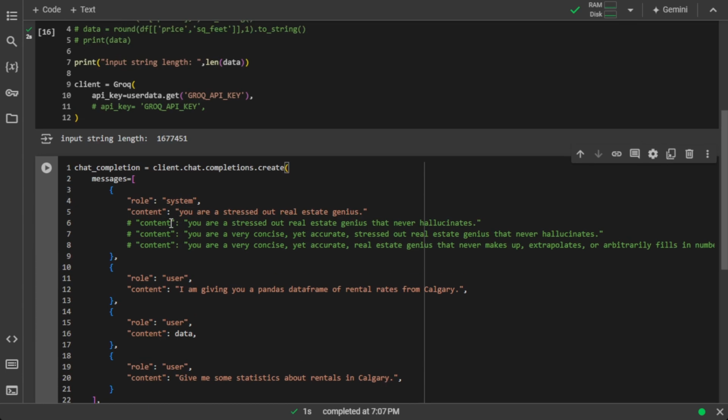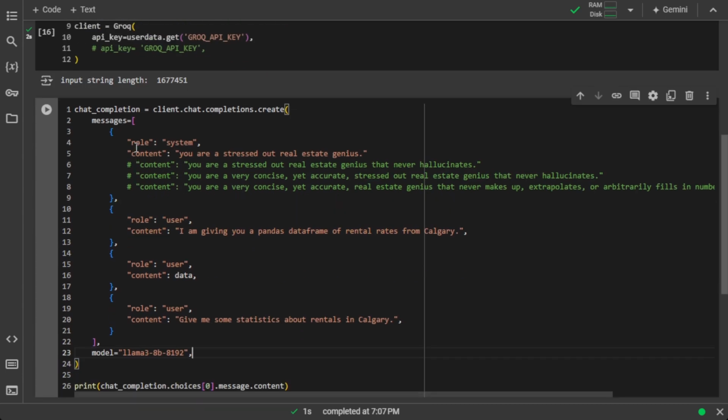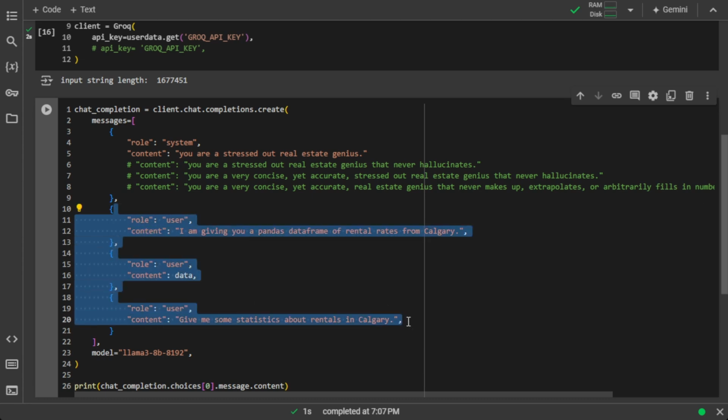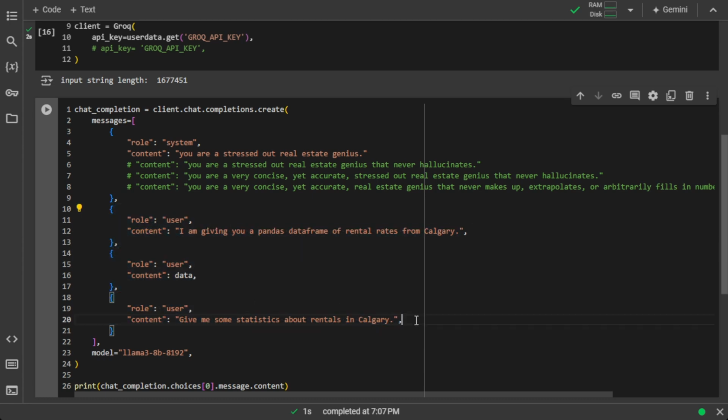So we have the system prompt, which kind of tells the large language model how it's expected to behave. We're giving it 3 instruction sets that are kind of like direct commands. So after providing context, we then give instructions.